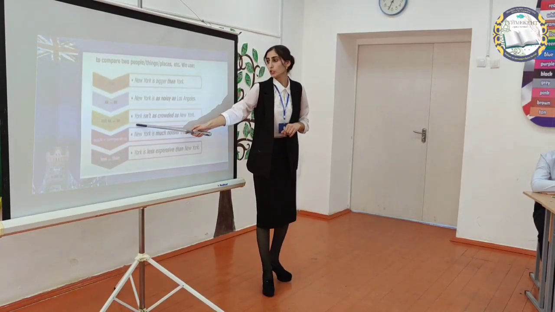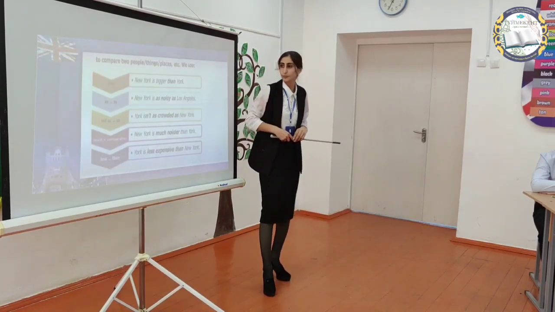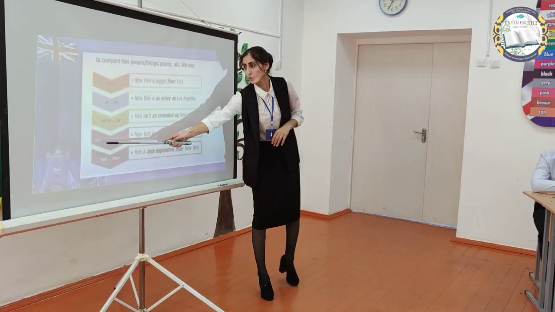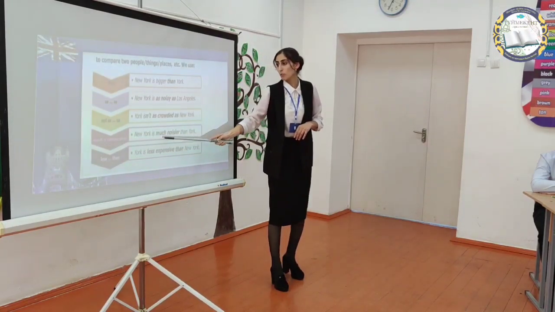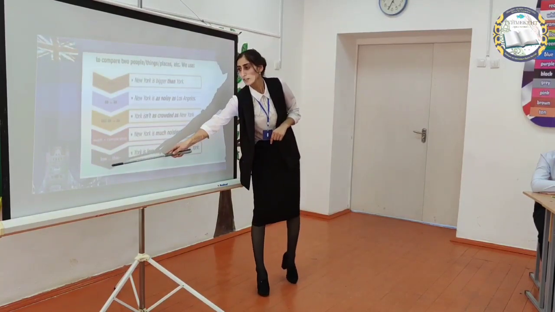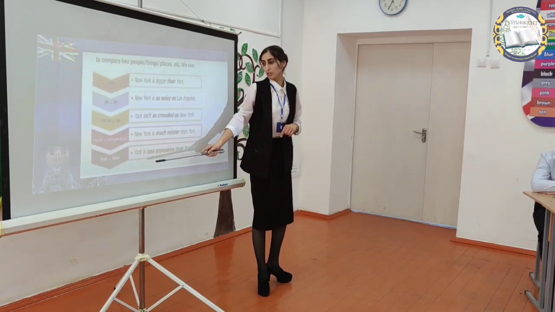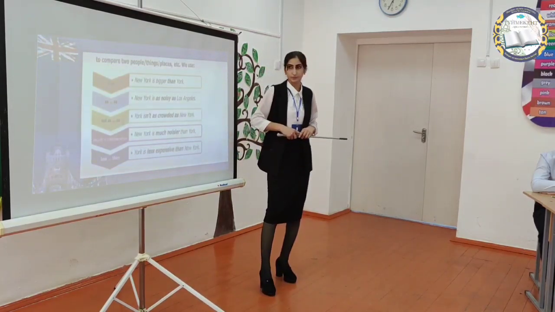For example, York isn't as crowded as New York. The fourth is much plus comparative. For example, New York is much noisier than York. And the last one is less than. For example, York is less expensive than New York.